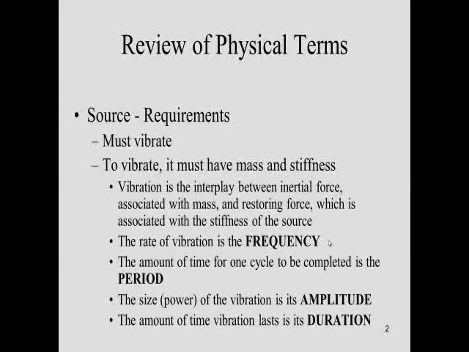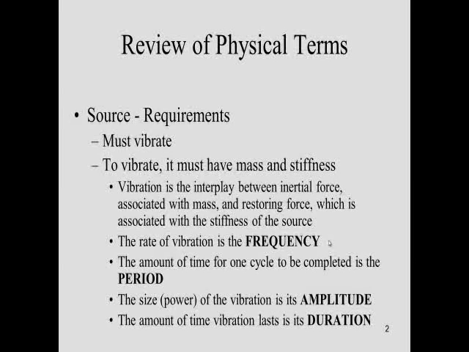Another way to think of the frequency of vibration is in terms of cycles per second. Now, this idea of a cycle, again, think of a vibrating object that moves back and forth. One complete trip through its excursion, if you will, is one cycle, and the amount of time that takes to be completed is termed the period of the vibration.